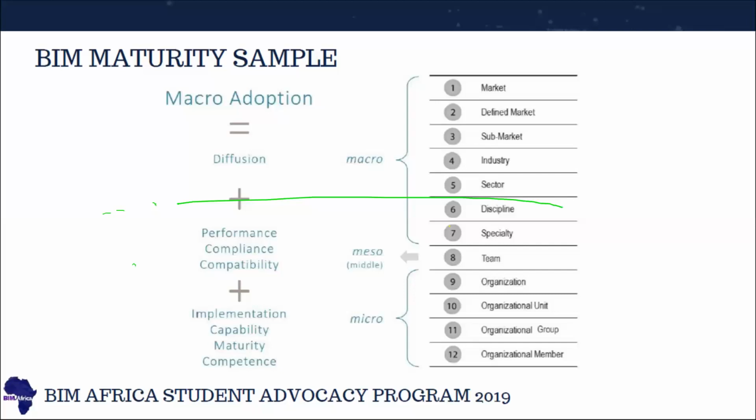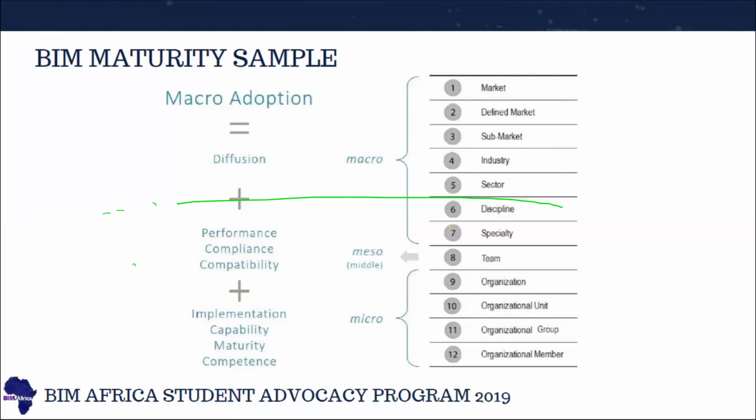What you learn from this is that you can find the countries that are doing well in certain categories, maybe not in all of them, and then you can go there and see what they're doing and learn from them. So the takeaway from this picture is that there are about 3 different maturity assessments that you can do: micro, meso, and macro, which is at a market scale or a sector or industry.